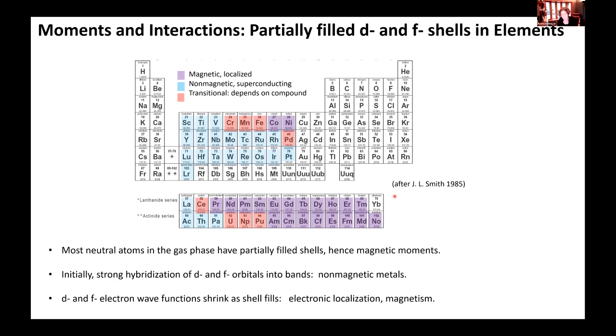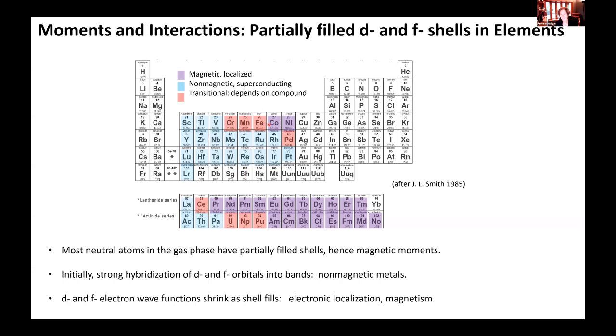And so if you look, for instance, on the left-hand side of a row, what you find is that the d orbitals in this range of elements are highly delocalized, and so they don't bear a magnetic moment, and we see non-magnetic metals.